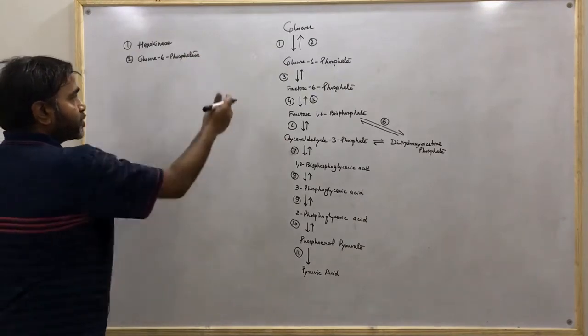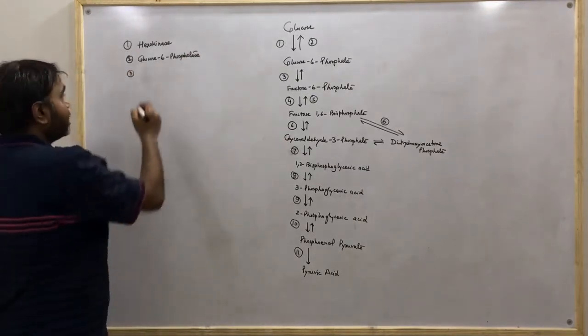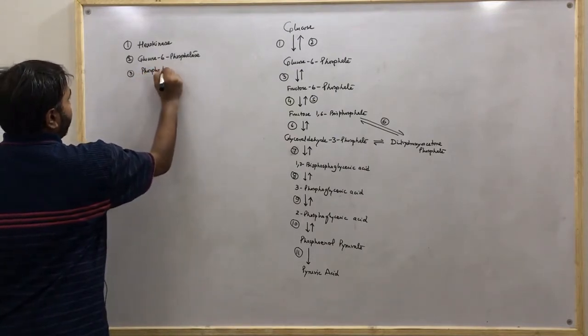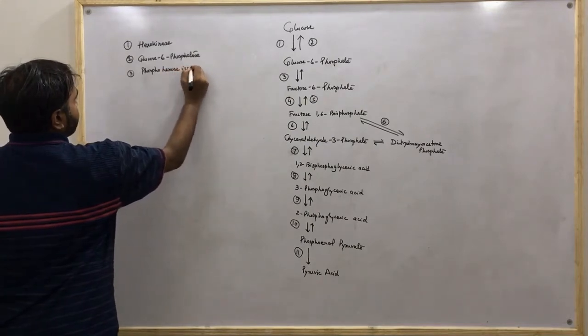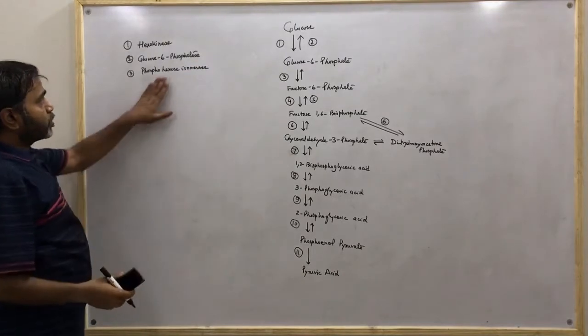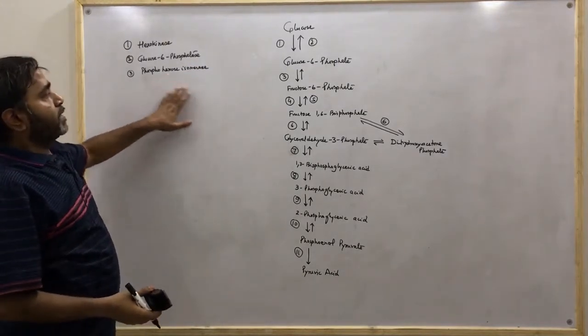What will be the next one? That is the third enzyme, phosphohexose isomerase. And since it is glucose sugar, you can also write it as phosphoglucoisomerase.